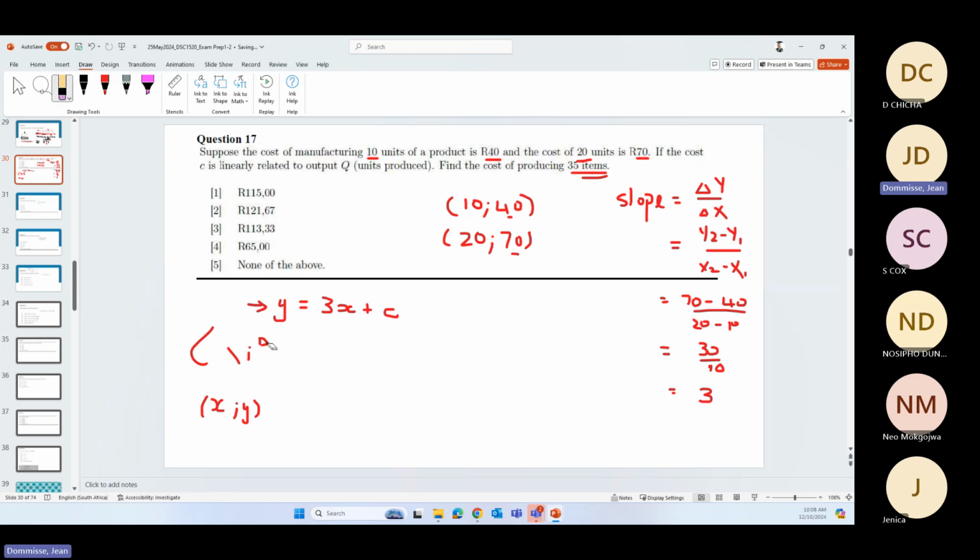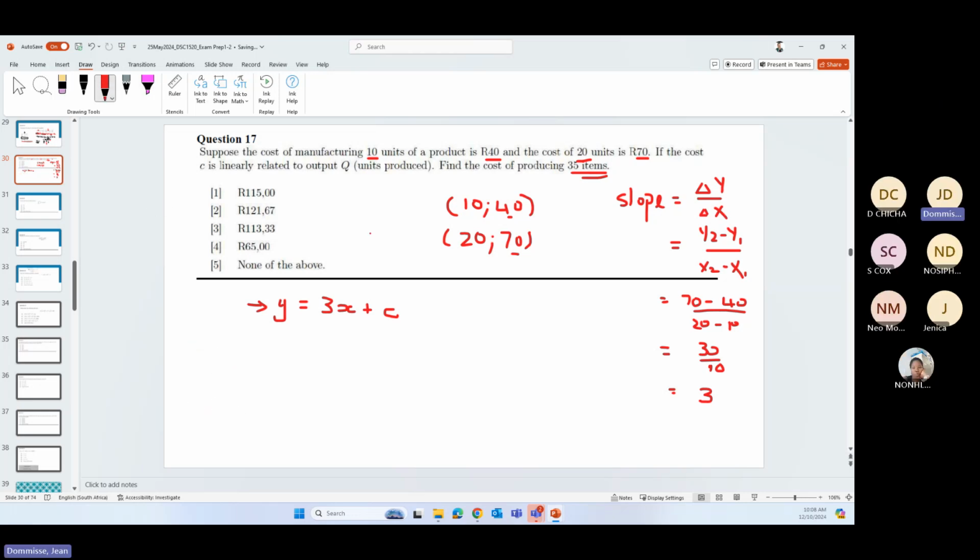If we had just put our 35 into x, we would have gotten, luckily, not one of these answers, because that would have been y is equal to 105. But we still don't know if there is a c component. So just don't say 3 times 35 will give us an answer. Luckily, it was not one of those.